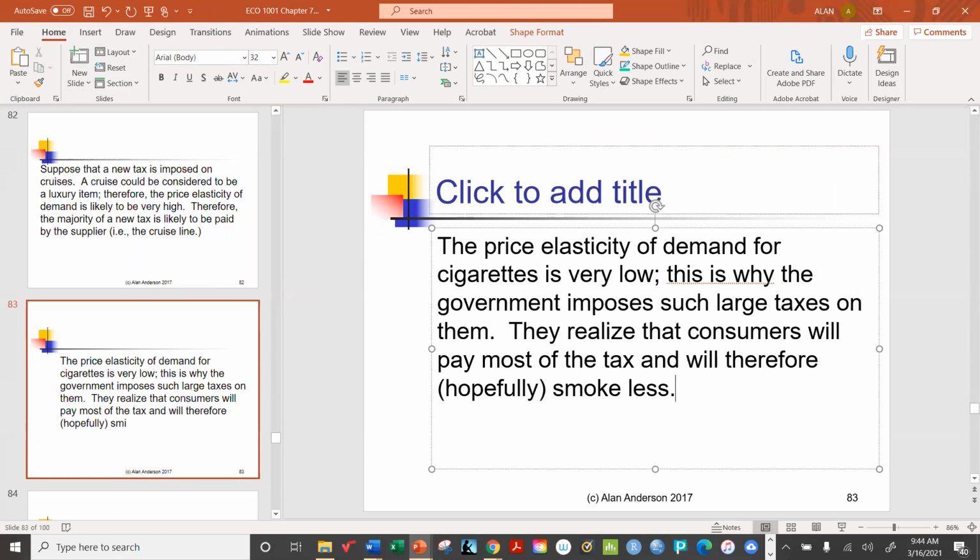In other words, this is why the taxes are so high, because they know that the consumer is paying most of it. And if their goal is to reduce smoking, well, then this is, as far as they're concerned, one of the best ways to do it, by making it more difficult to afford the cigarettes, just like the tax on driving into London. Why would they have such a thing? Because they don't want people to drive into London.